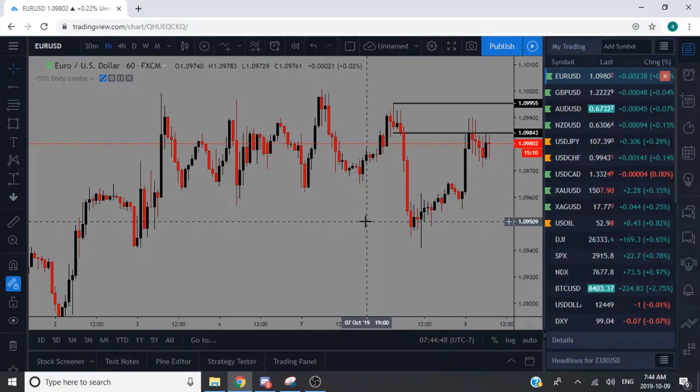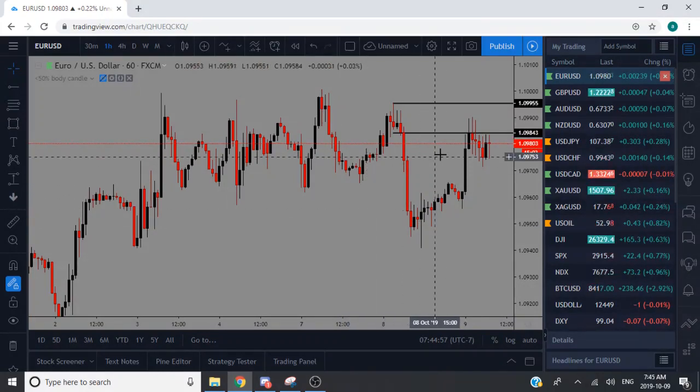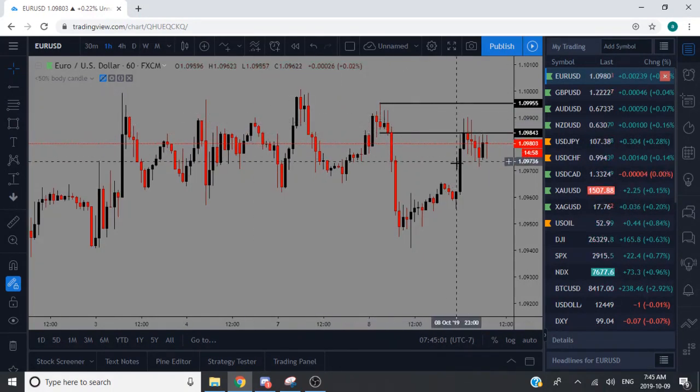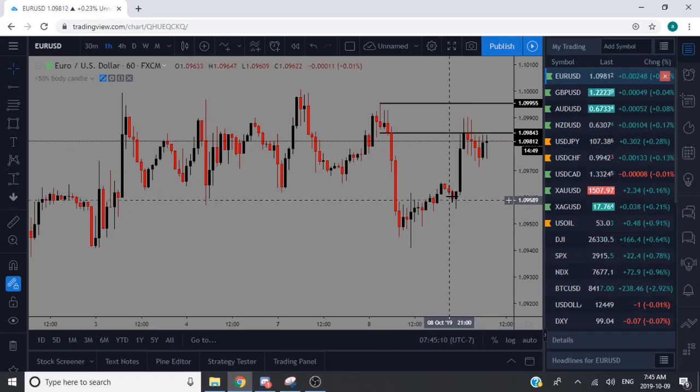But typically when you enter a supply zone, you're going to see on the smaller time frames demand zones getting removed. So if you quickly look here on the 1 hour, we're sitting in the supply zone. If I go down to the 15-minute, you're going to see a lot more candles in here, and you're going to start seeing smaller demand zones. Here on the 1 hour, you don't see demand till at least down here.